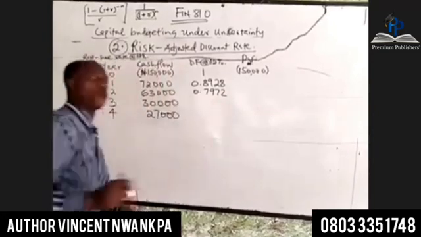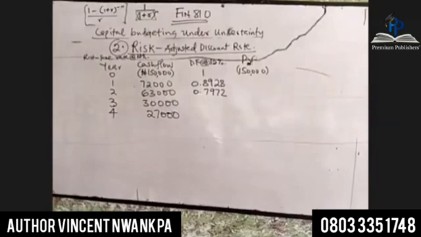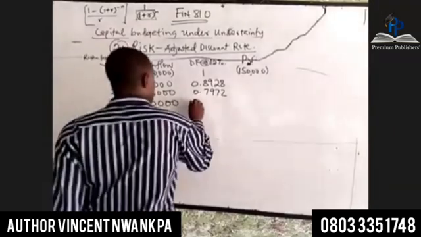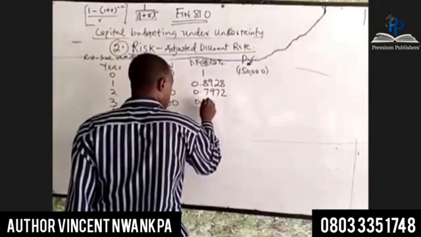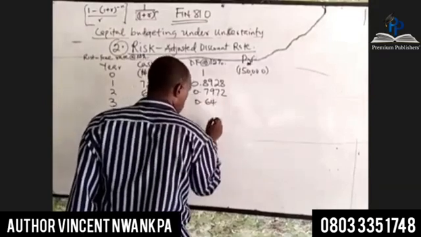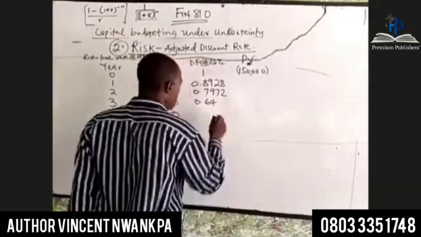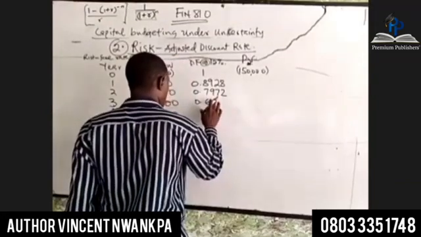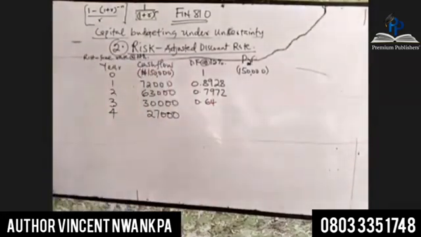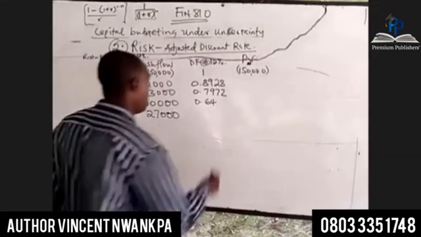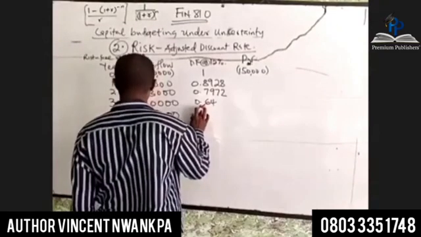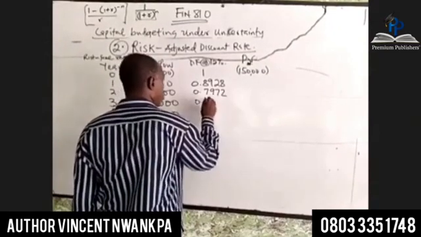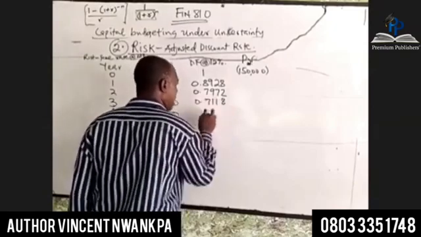Divide it again by 1.12 so that we can move to the third year: 0.7118.